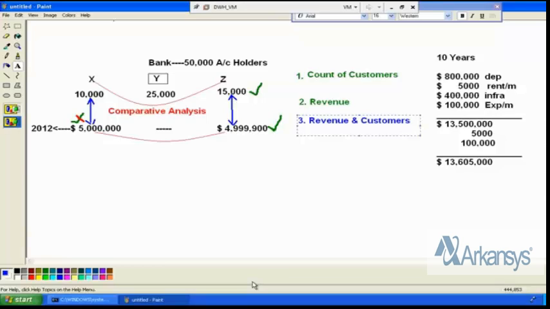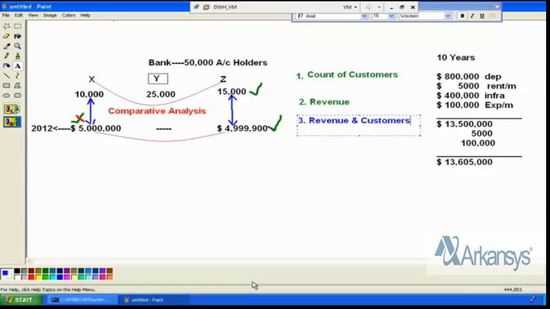No. If you take two values, then you have to go with X location. Why? Less number of people, more revenue. 10,000 people, 5 millions. Whereas in G, more number of people, less revenue. So like the first answer you told me, where the good profits are there, we will be starting the branch there, isn't it?